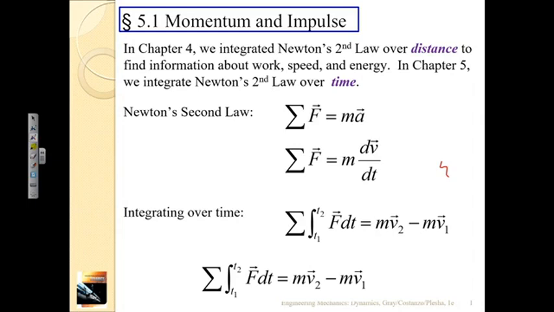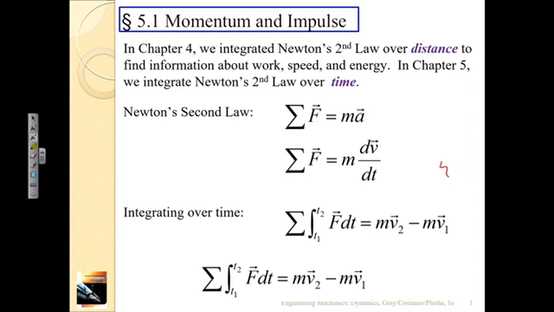Hey, we've got a nice state equation just like we had last time. For work energy, we said, how fast are we going, kinetic energy at state 1? We've got something similar for momentum now. What's my momentum? Mass times velocity at state 1. Here I had a potential energy term. That doesn't really exist for momentum.